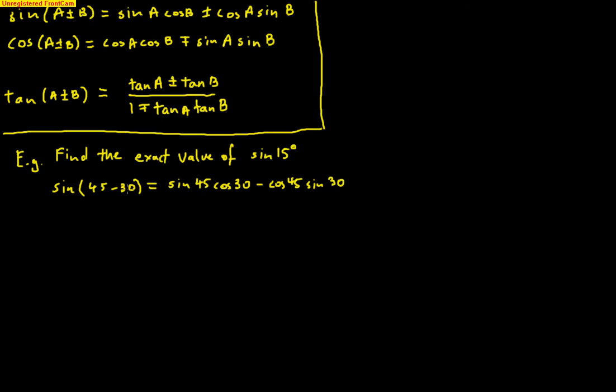The reason I chose 45 and 30 is because we know the exact values for these two angles in particular for sine and cos. Sine of 45 is 1 on root 2. Cos of 30 is, might make a mistake here, but pretty sure it's root 3 on 2, take 1 on root 2.